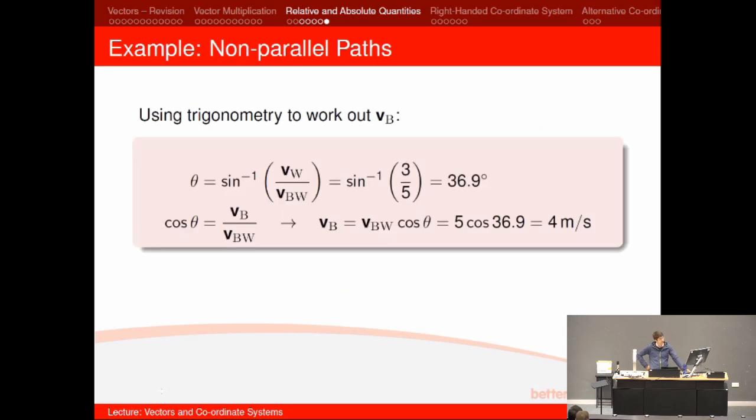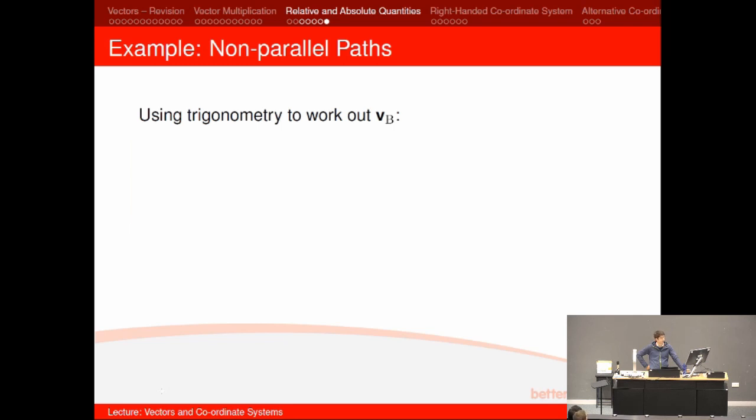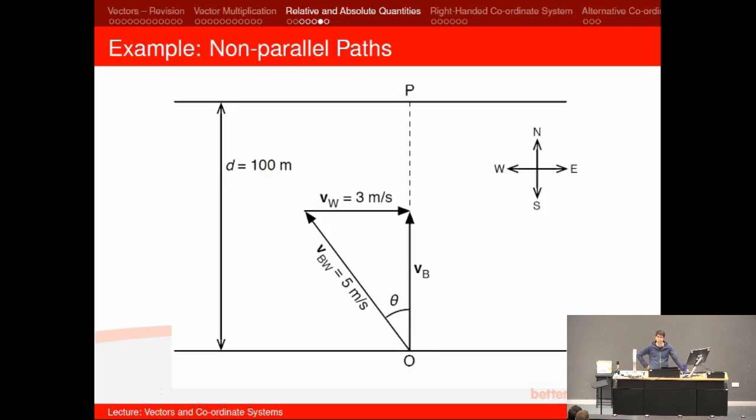And once you've got the angle, you can then calculate the last unknown side of the triangle. But you can also use Pythagoras' rule, because that triangle's got a 90-degree point. So that's basically just 5 squared minus 3 squared underneath the square root, and that'll get 4 meters per second. So that's another way you can do it. But then you don't need the angle, so you haven't calculated the angle. If they want you to calculate the angle, then you just calculate the angle.